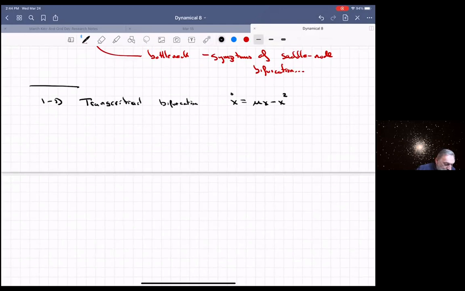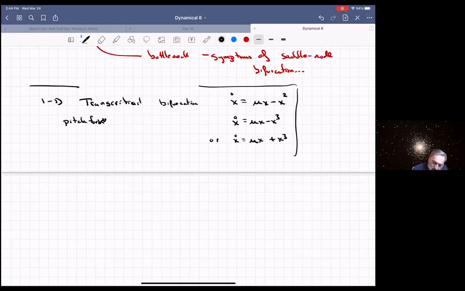Or we had the pitchforks, where we had x dot is mu x minus x cubed, or x dot is mu x plus x cubed, right? So in 1D, you have just that much.